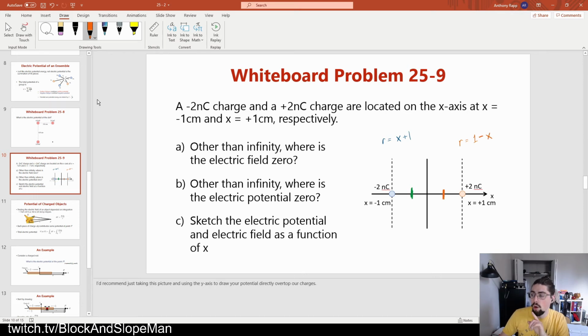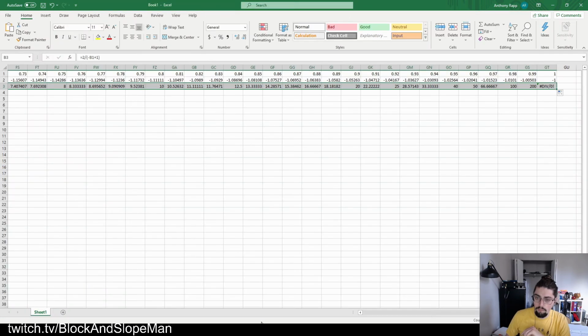It gets closer as time goes on. If x was negative 0.5 instead, right here, then the r value would be 1.5. That would be farther away. So that's how we need to have these two set up. For the blue one, it's x plus 1. For the red one, it's plus 1 minus x. And that's what I've got here. So plus 1 minus x, or I guess minus x plus 1. And now we've got these two set up.